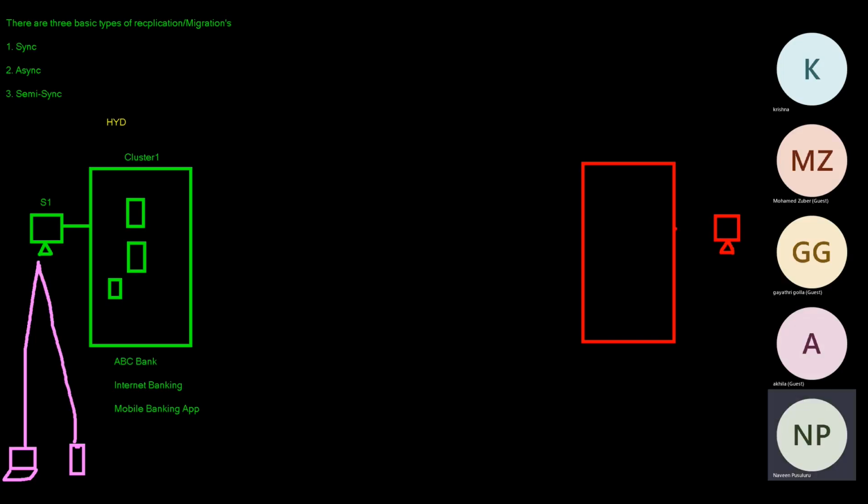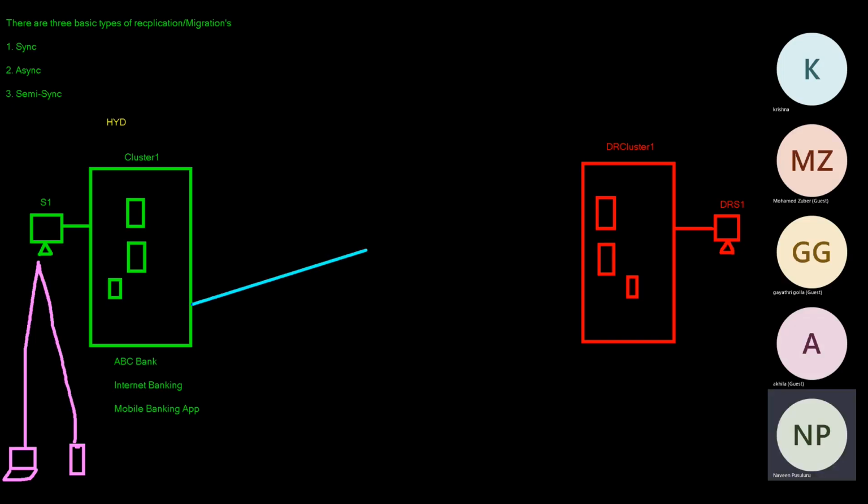The storage is pulling the space from this cluster. Let's assume that this is DRS1, and this is DR cluster 1.